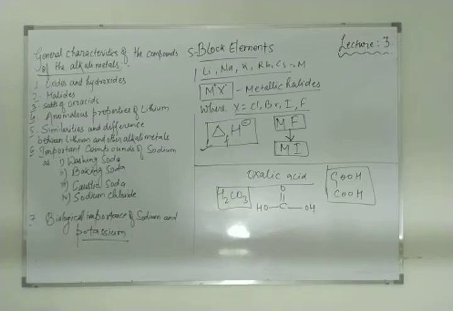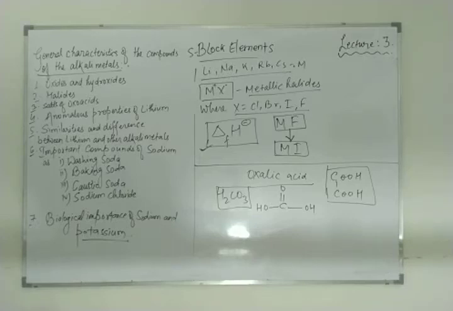The carbonates, and in most cases the hydrogen carbonates, are also highly stable to heat. As the electropositive character increases down the group, the stability of the carbonates and hydrogen carbonates increases.